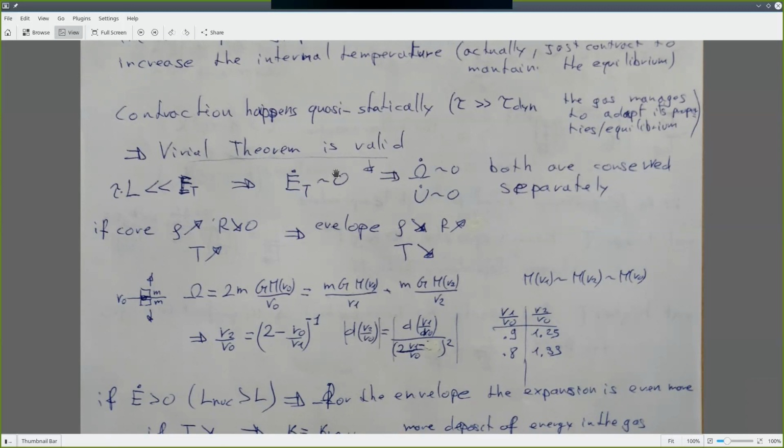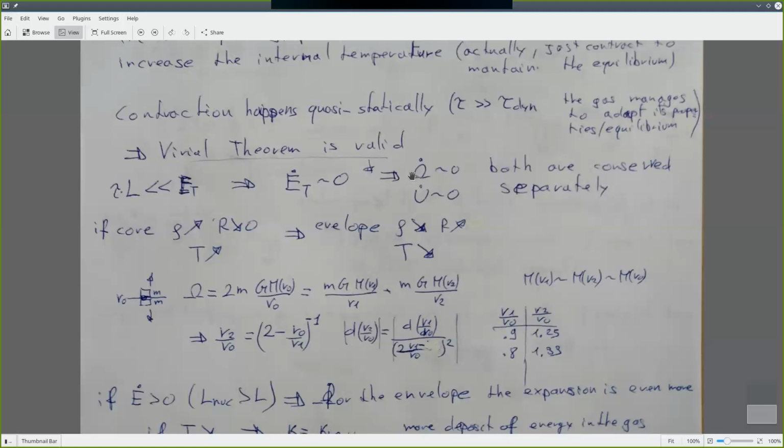By the Virial theorem, the total energy can be seen as minus the internal energy or one half of the gravitational energy.